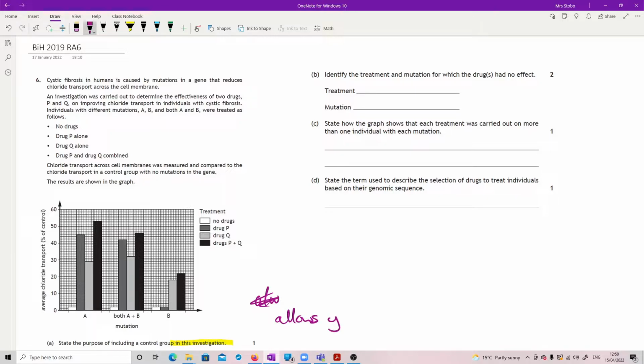allows you to compare your chloride transport against a normal transport.